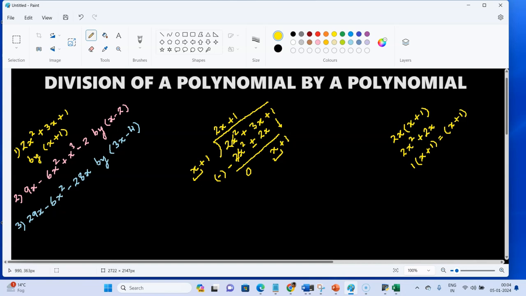And so we will write it like x plus 1, and once we subtract x plus 1 from x plus 1, we will get a 0. So in that case, the quotient is 2x plus 1 and the remainder is 0. Okay. Now let's move on to the next question.